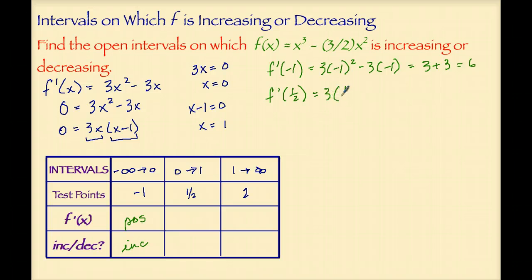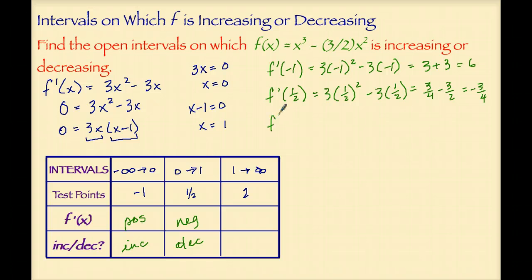That's going to be 3 times 1/2 quantity squared minus 3 times 1/2. This gives me 1/4 times 3, which is 3/4, minus 3/2, which gives us a -3/4. Again, not so important what the first derivative is, but the sign is important because that tells us that the function is decreasing on that interval.